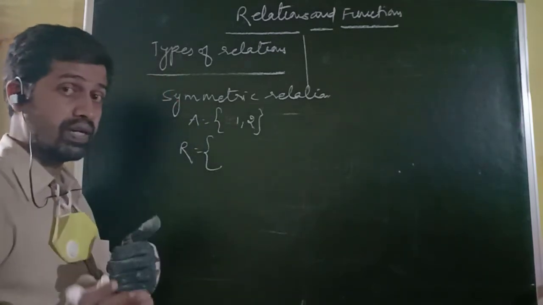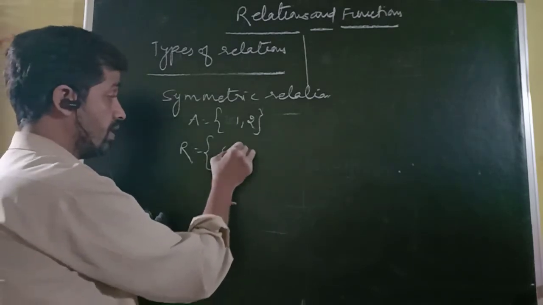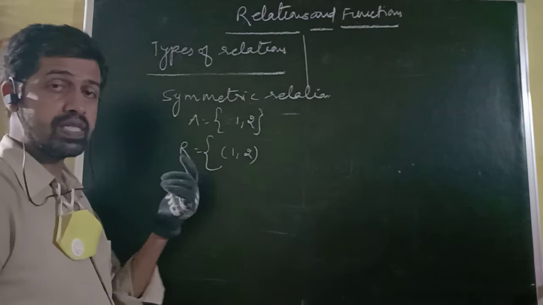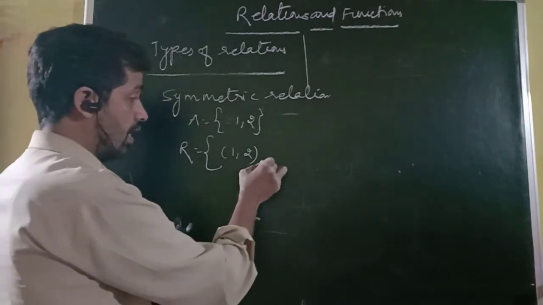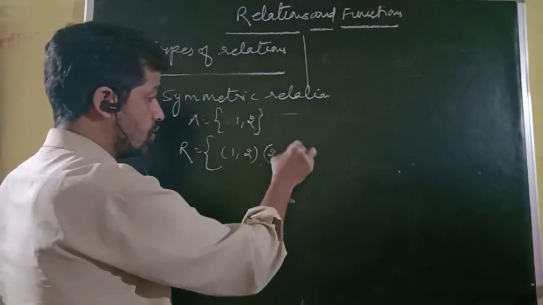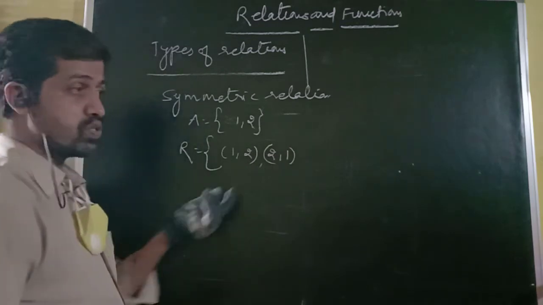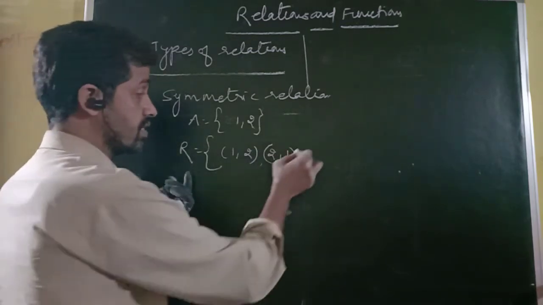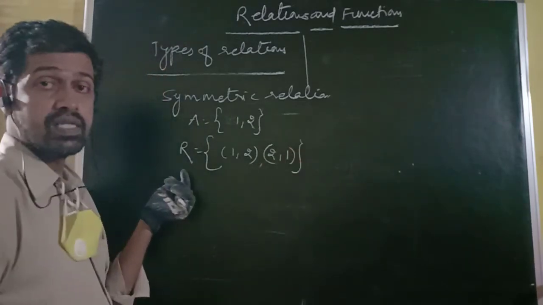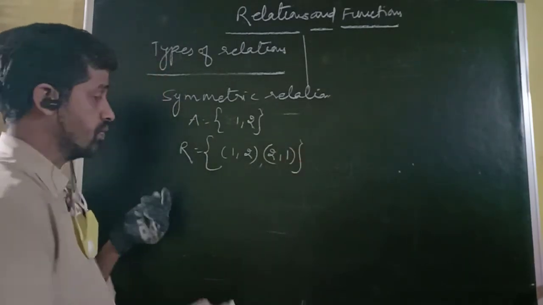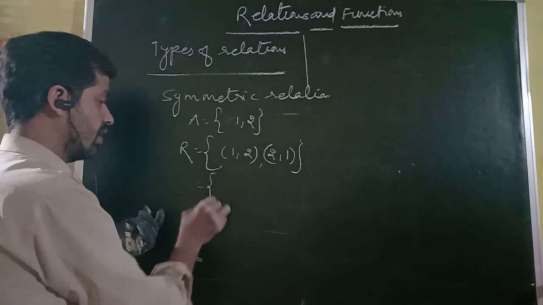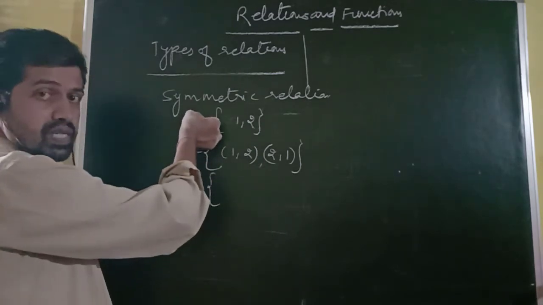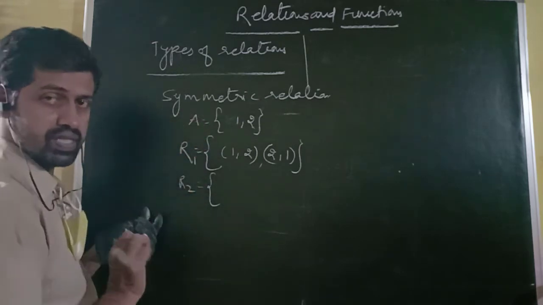As I defined, if 1 is related to 2, that is (1, 2) is in R, it means 1 is related to 2, and 2 is also related to 1. That means (2, 1) is in R. Then we say that this relation is a symmetric relation. Suppose we define one more relation. This is R1. R1 is defined on set A and R2 is also defined on set A.